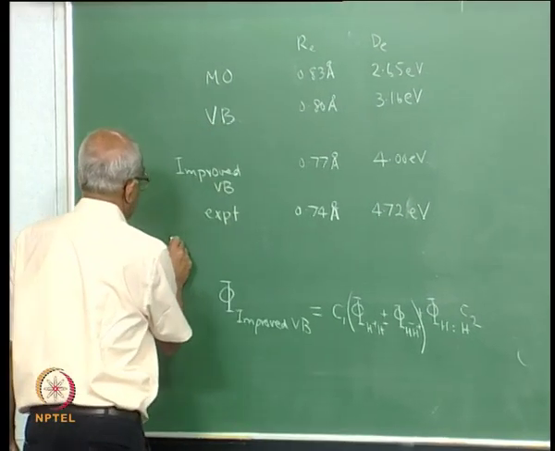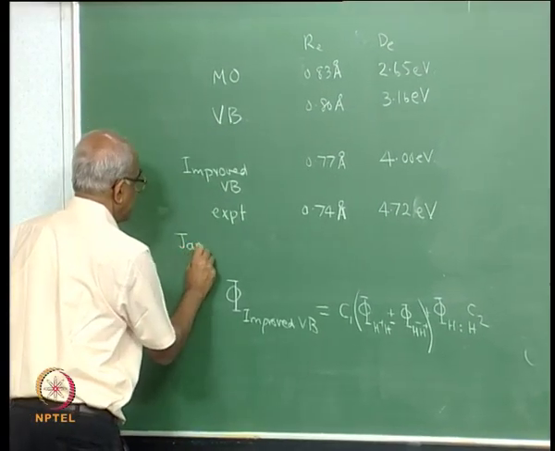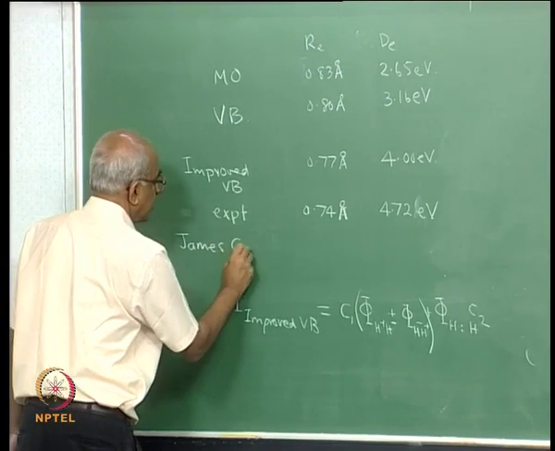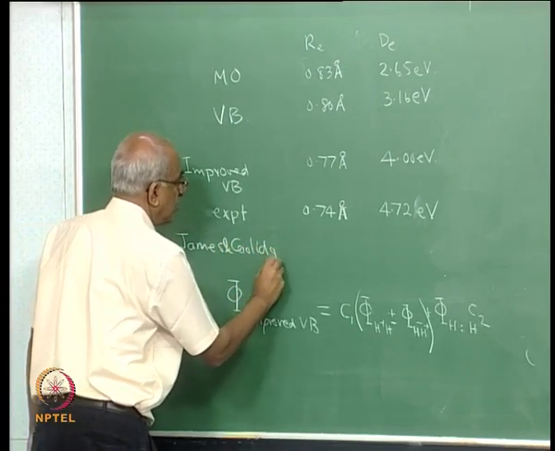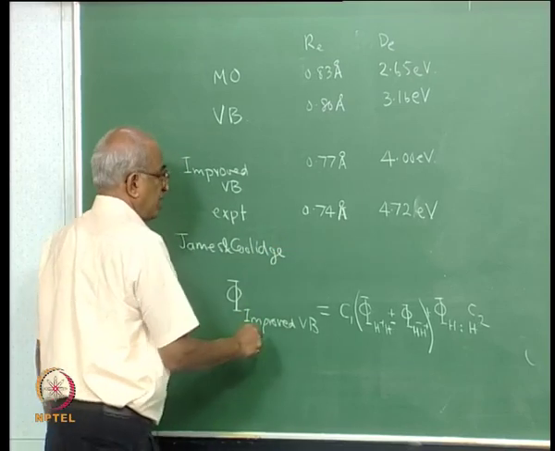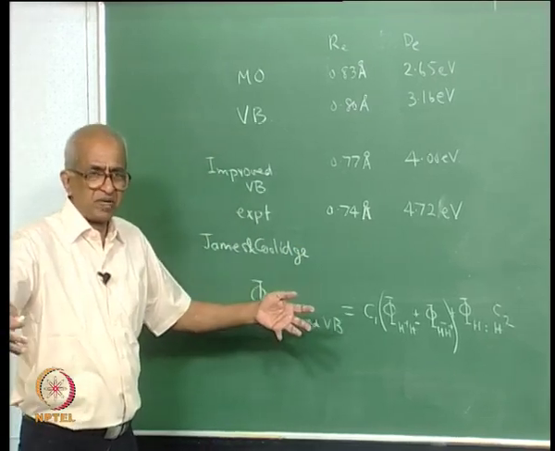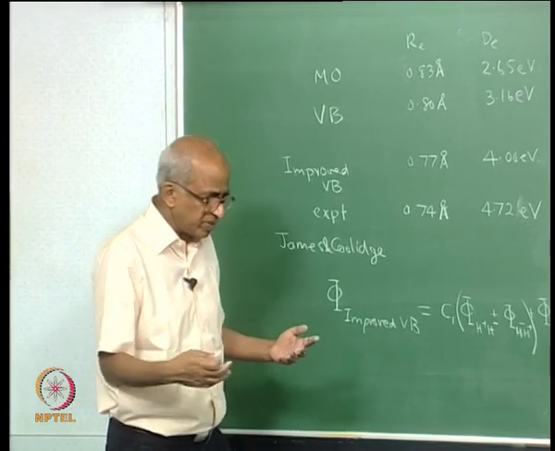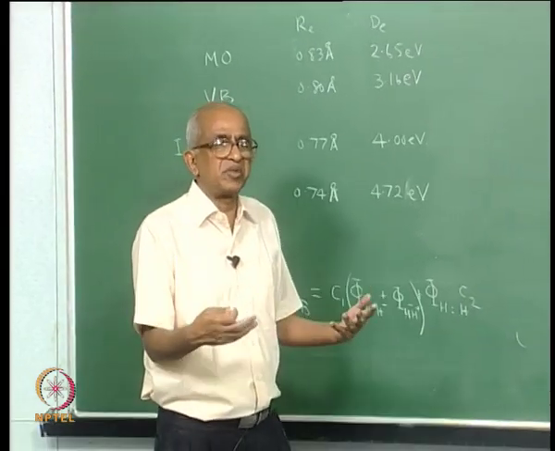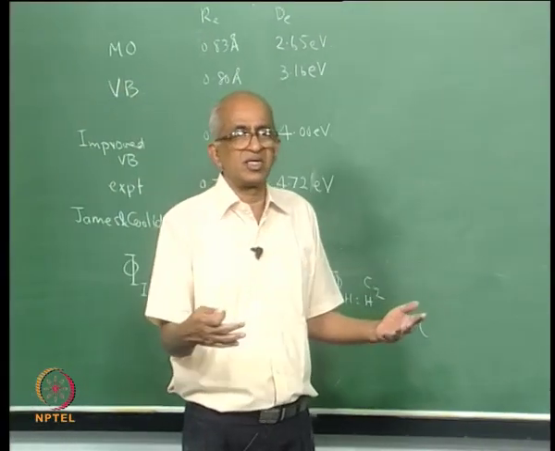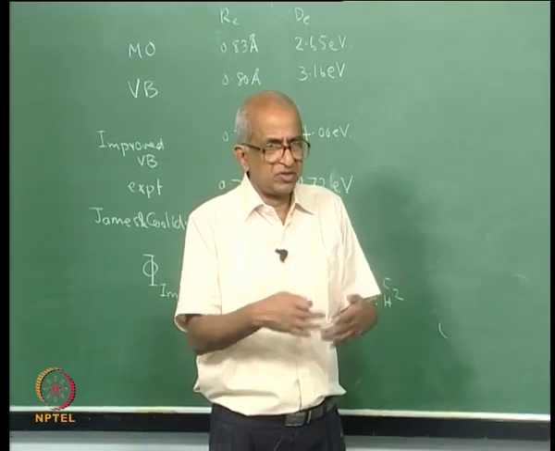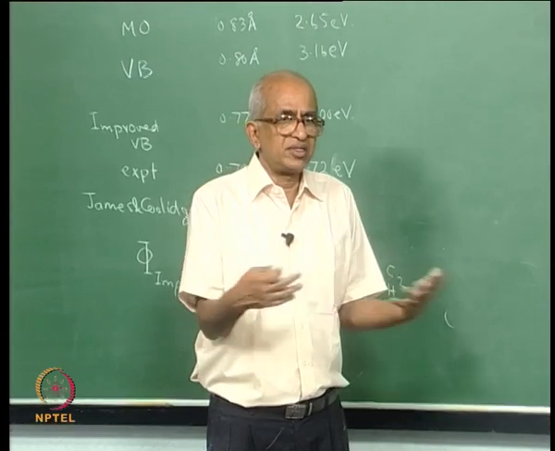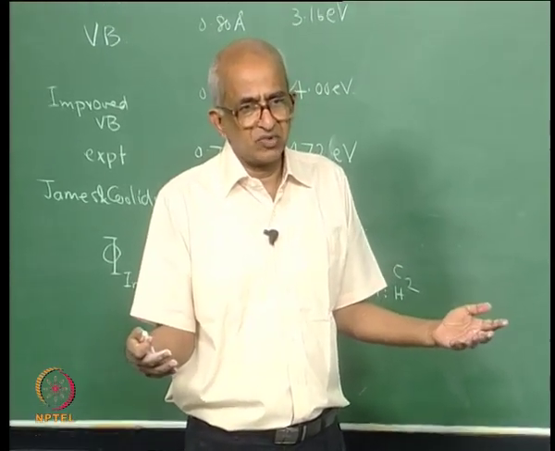So, I will just say James and Coolidge, these were the names of the scientists who did the calculation. And effectively, they had a large number of variational parameters, but you should also remember that the more variational parameters you have, the more difficult is the calculation, because each variational parameter you have to find its value in such a fashion that script T has the least value.